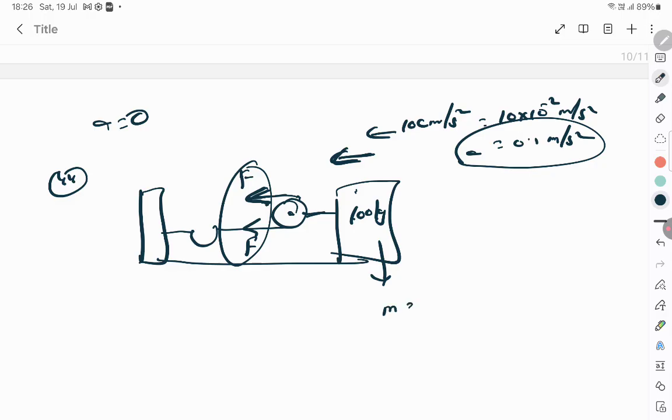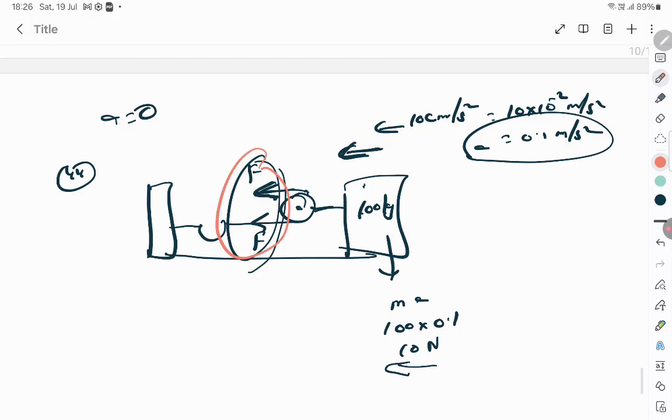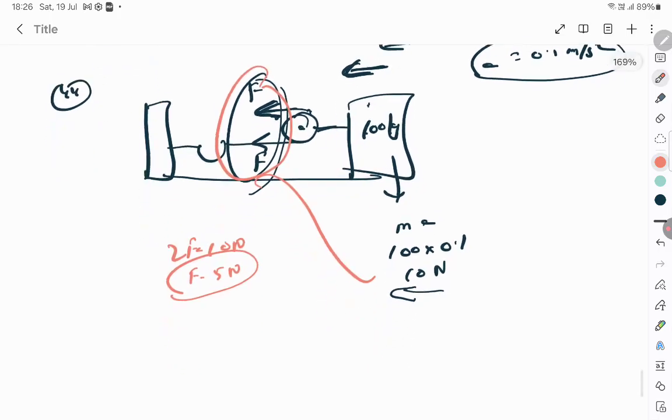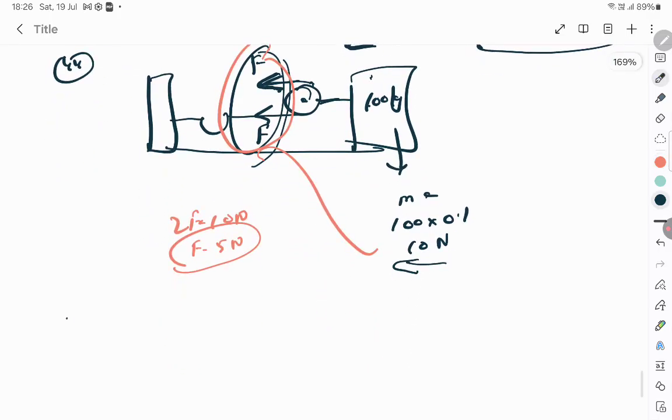And mass into acceleration, which is 100 into 0.1, will be 10 Newton, will be the force with which it's going to pull leftward, and this 2F is responsible for pulling it. So 2F is equal to 10 Newton, F is equal to 5 Newton, thus the force that you have to pull it with will be just 5 Newton. That's the beauty of the invention of a pulley.